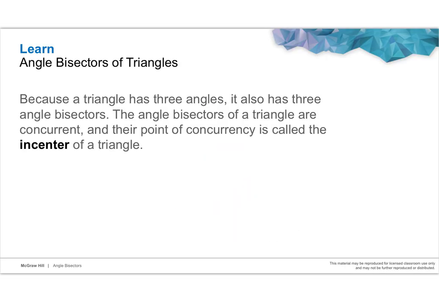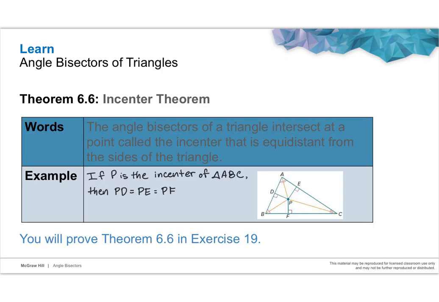Okay, moving on to talk about angle bisectors in a triangle. As before, we have three of those lines or segments that are coming together, and they are concurrent, as we talked about. And this time, their point of concurrency is going to be called the incenter of a triangle. And our incenter theorem here on page 359 is theorem 6.6.